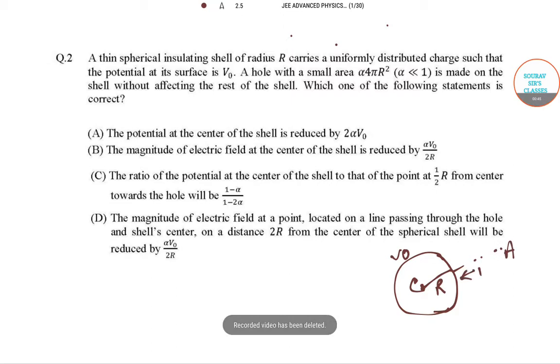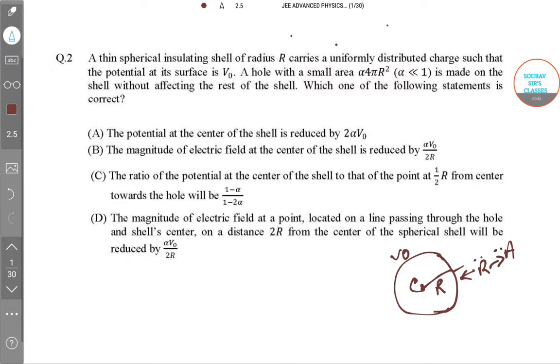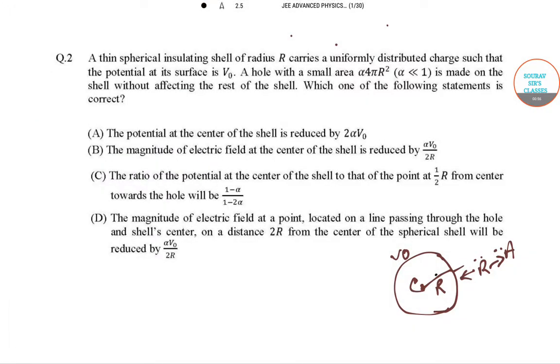So this is also the R, this is also radius R, and if I consider another point B in the center of this radius, this is the r by 2. This portion is r by 2.